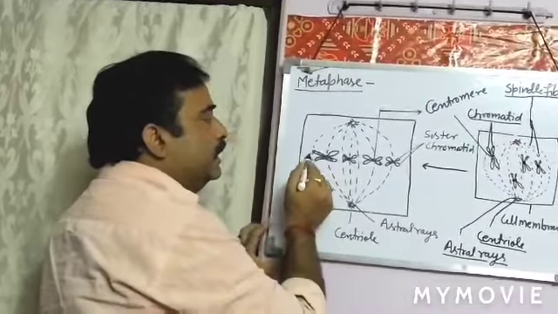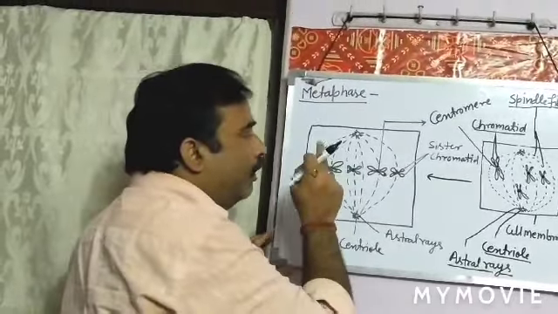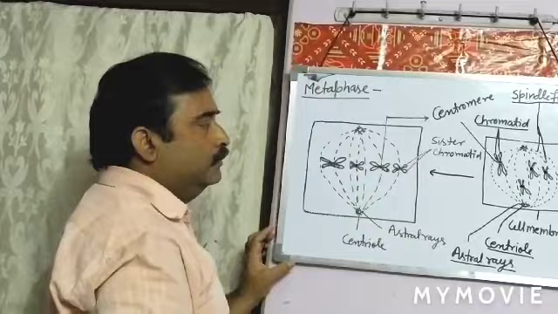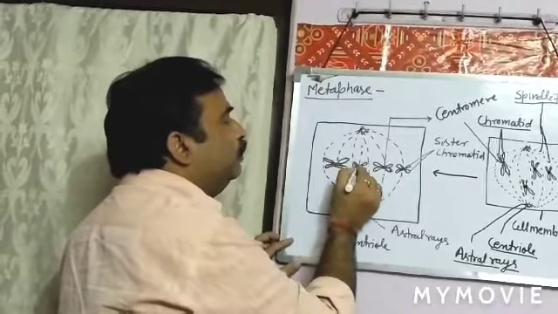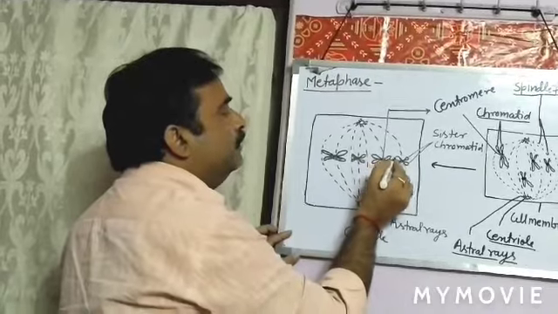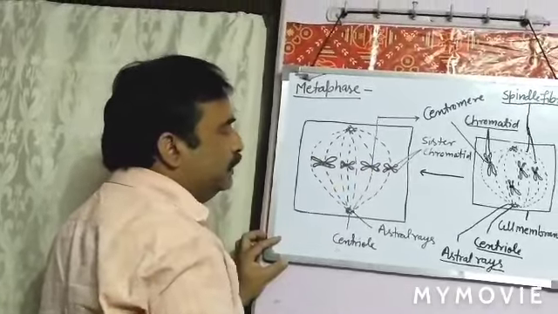Equatorial plate means the center. Clear? And all the chromosomes are attached with the spindle fibers. You can see in the diagram, they are attached with their spindle fibers.